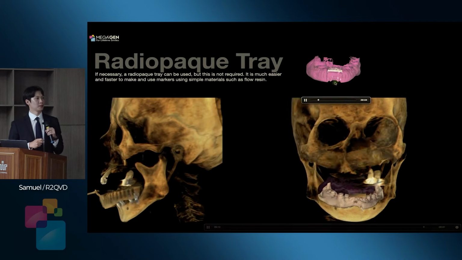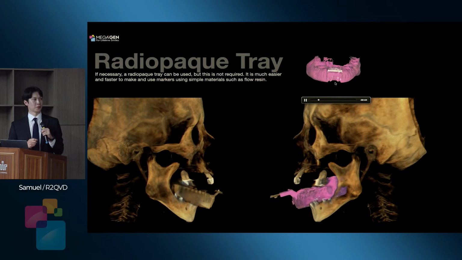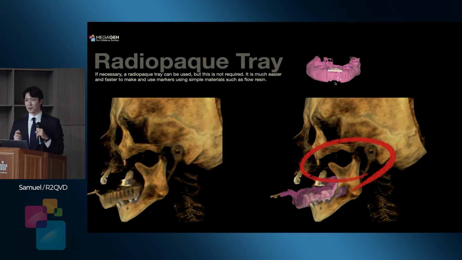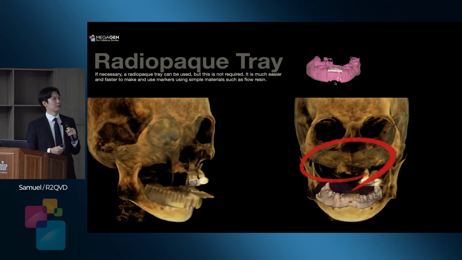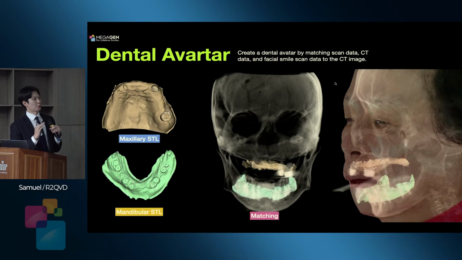But there is some problem, because the condylar head position is wrong, because the tray is too large, right? Anyway, I just made a dental avatar with this upper, lower merging, and facial scan merging, everything.